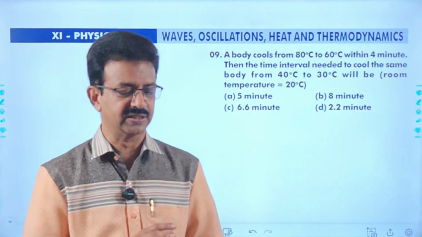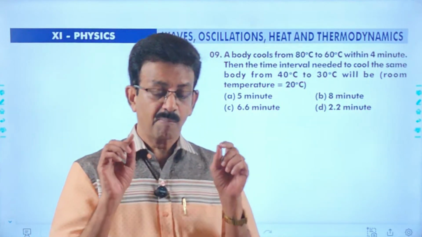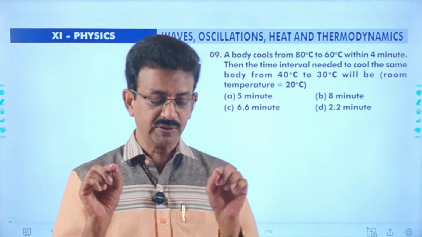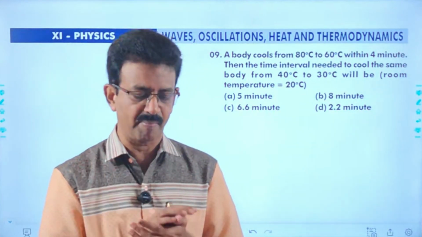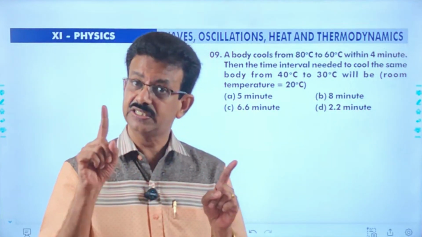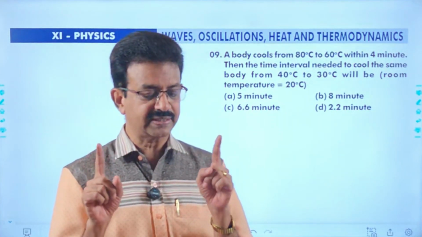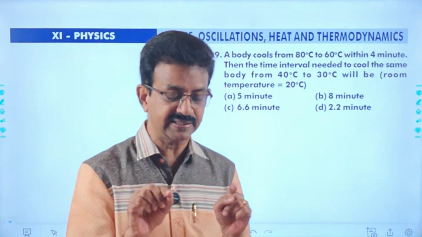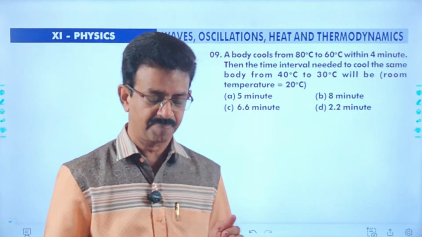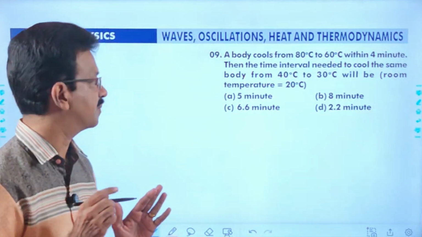Now, question number 9: a body cools from 80 degrees Celsius to 60 degrees Celsius within 4 minutes. What is the time interval needed to cool the same body from 40 degrees Celsius to 30 degrees Celsius? What is Newton's law of cooling?